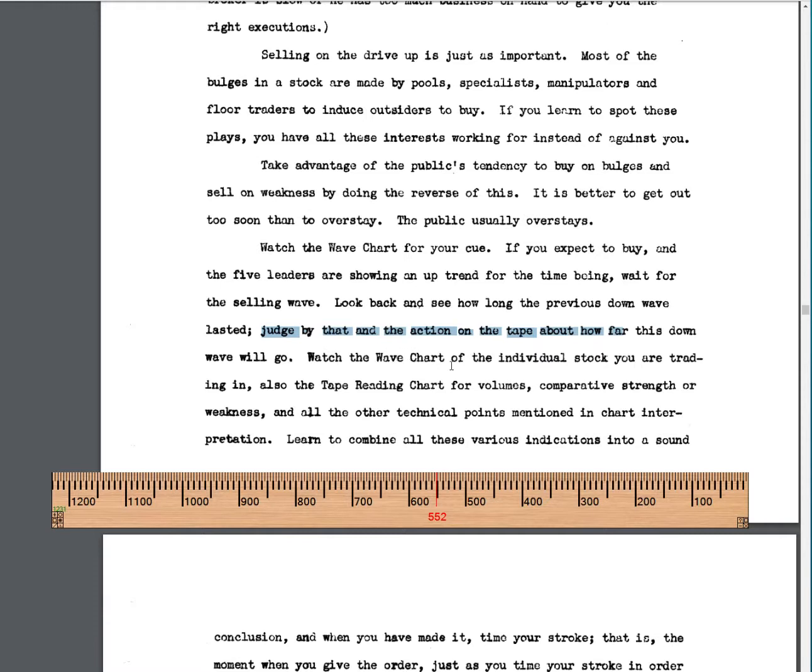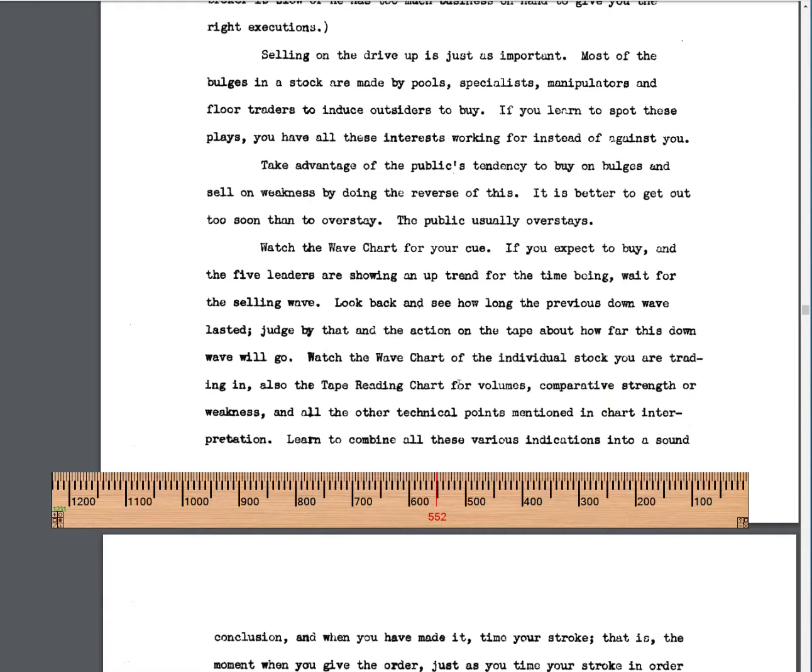Watch the wave chart of the individual stocks you are trading in and the tape reading chart for volume. So you want to watch the wave chart of the individual stock for trading, and then the tape reading chart for volume, comparative strength, and weakness. So what does that mean?